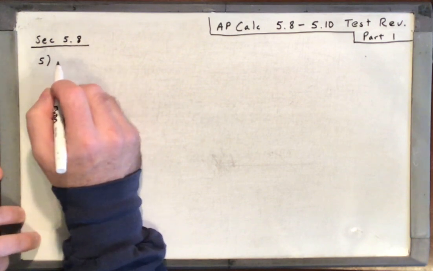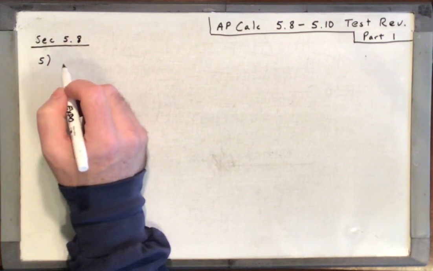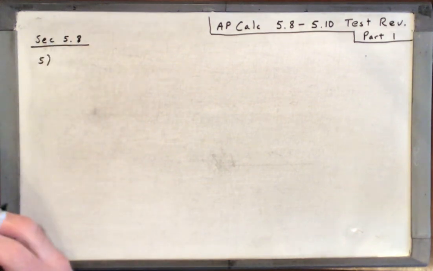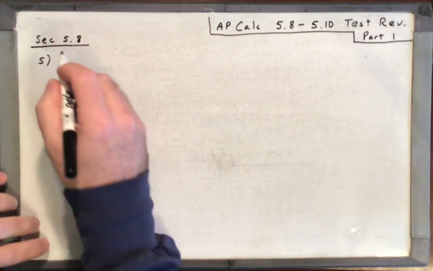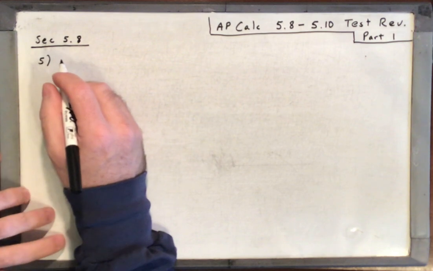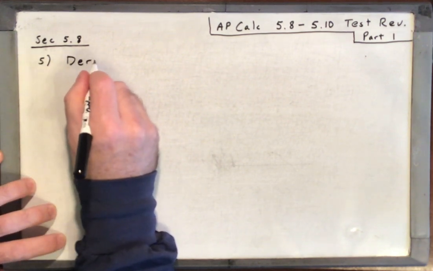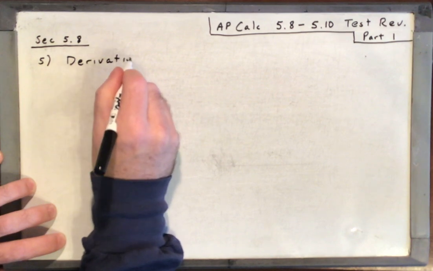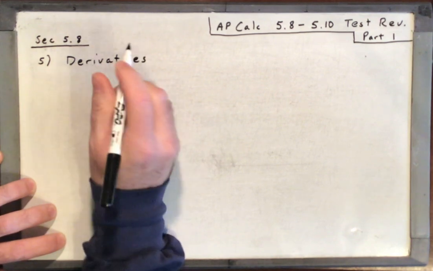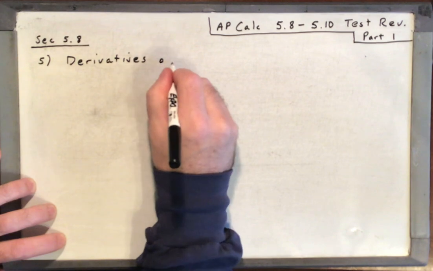So it would have taken up the second part of class, and then the day before the test, we would finish it up. This topic 6 through 10 will take just a little bit longer. Okay, so topic 5 is derivatives of inverse trig functions.